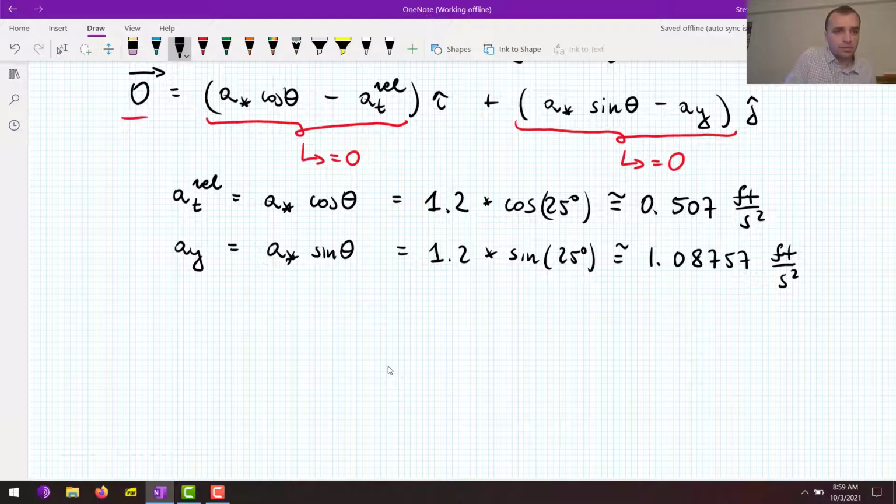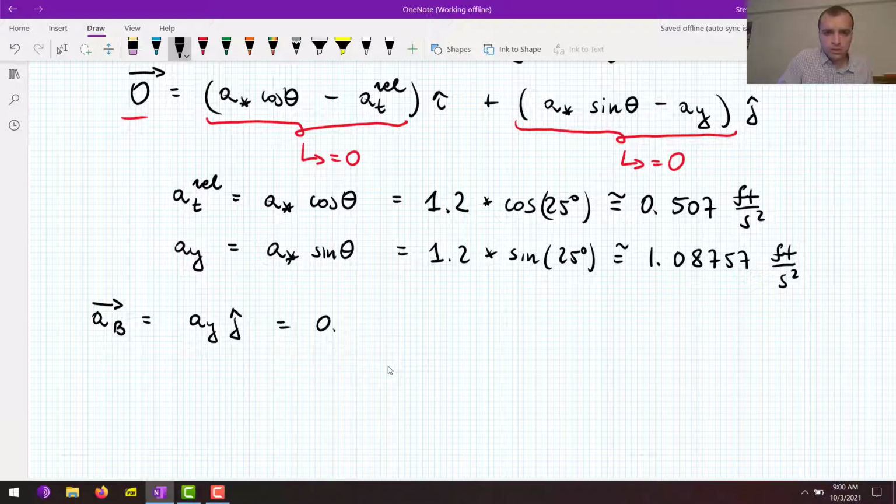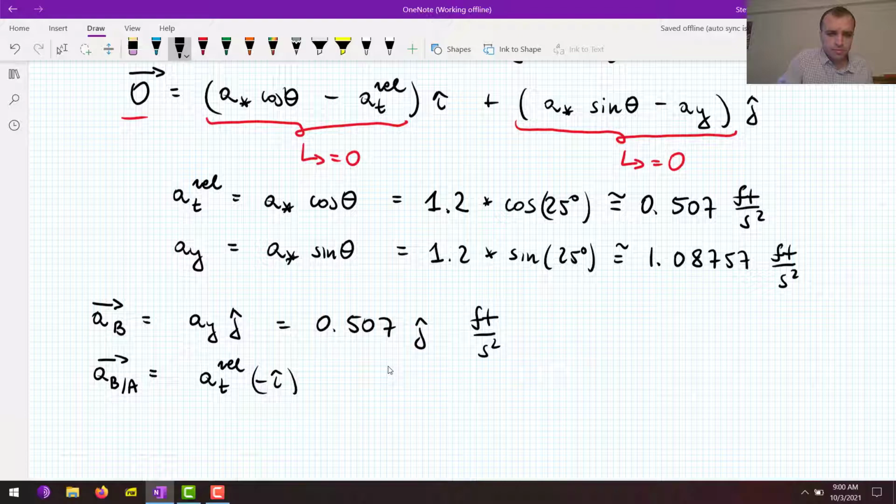Because right now we can write that AB is equal to AYJ, so this is equal to 0.507 J feet per second square, and ABA, our relative acceleration, is equal to atrel minus I, so that would be equal to minus 1.08757 I feet per second square.